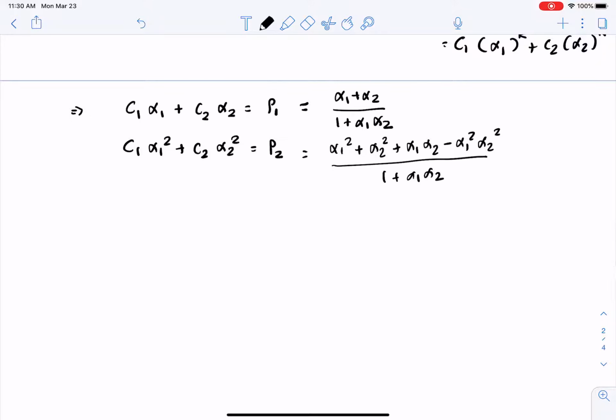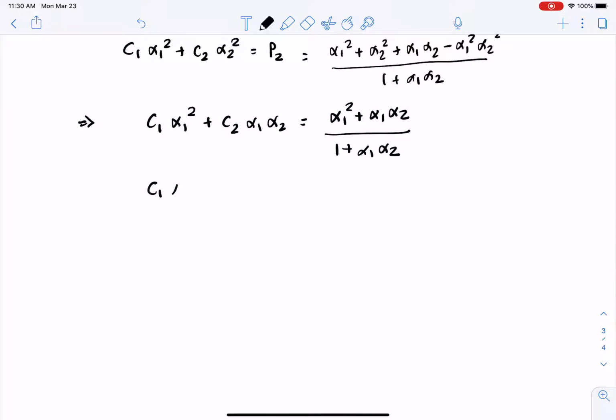So we want to solve the system of equations, so what I'm going to do is multiply the first equation by alpha 1. So I would get alpha 1 squared plus alpha 1 alpha 2 over 1 plus alpha 1 alpha 2.